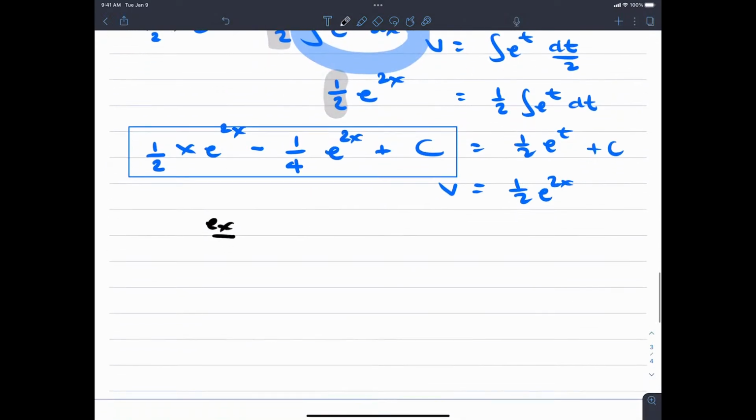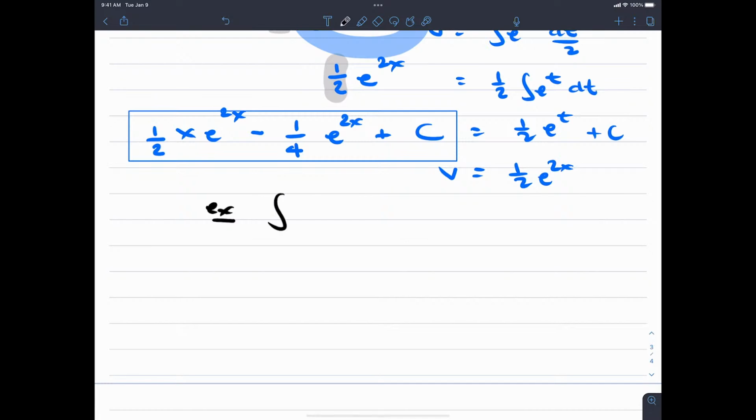All right, another example. Here's what I'm going to say here. They're going to say integrate x squared sine 2x dx. Okay?